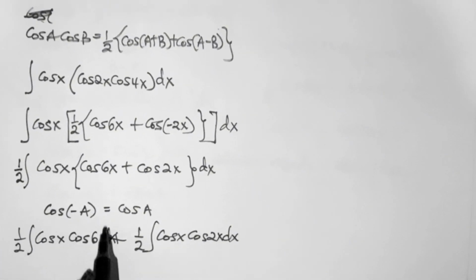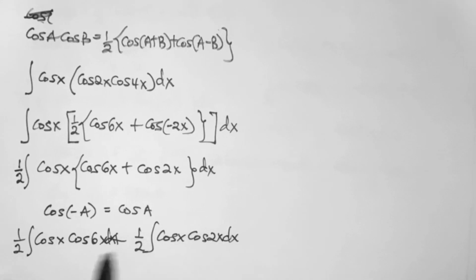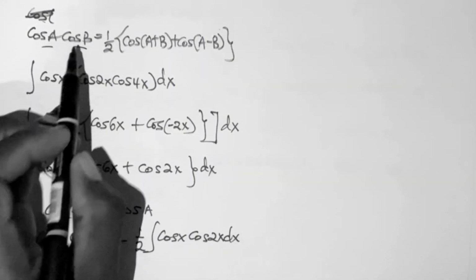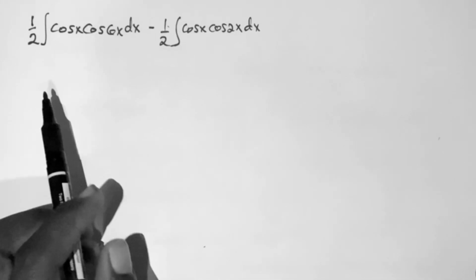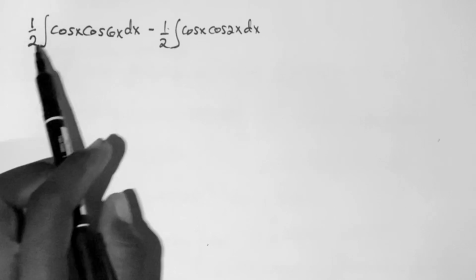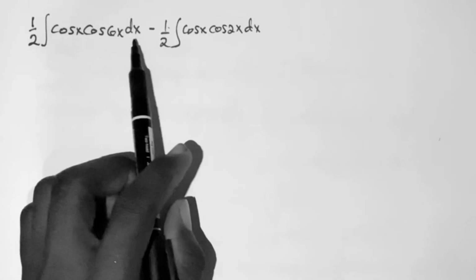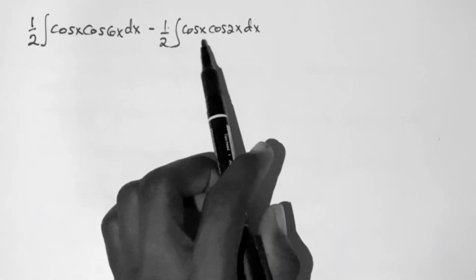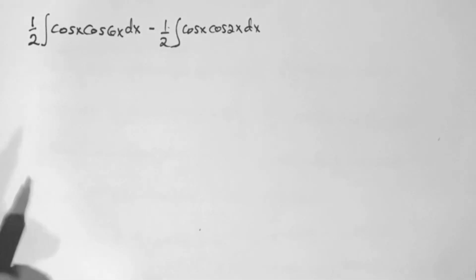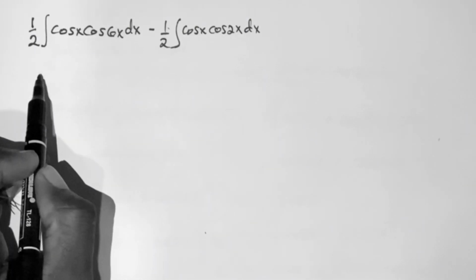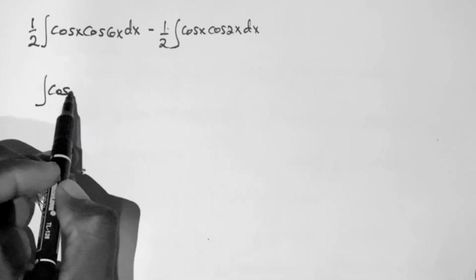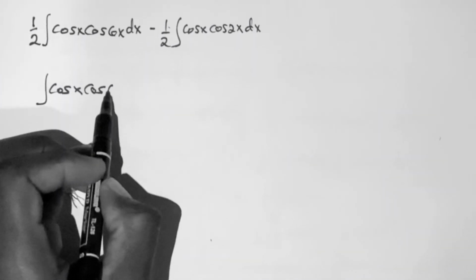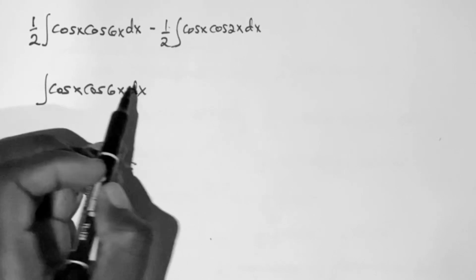We'll have to solve these integrals separately, but this is still of the form cos a cos b, so we can still use this identity to expand it. So we reach this point, which is half of the integral of cos x cos 6x dx, minus half cos x cos 2x dx. I want to first do the integral of cos x cos 6x dx.